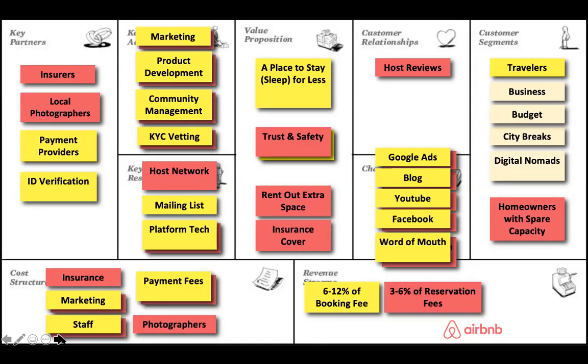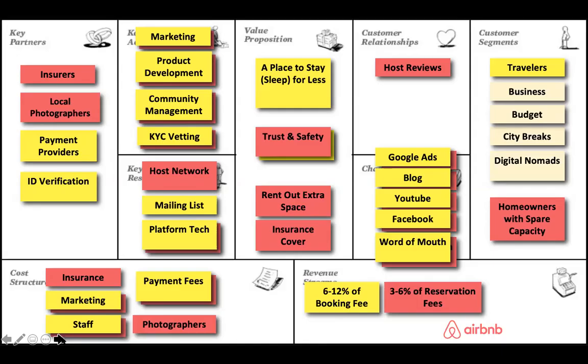So Airbnb solved that for the homeowners. So it said, in order to get them to do what we need them to do, which is provide capacity, provide sleeping places, we will actually take on the risk on their behalf. So we will have an insurance cover and we will deal with the payment, and we will create a system that allows for voting and reviews of both homeowners and travelers in order to be able to vet people to a certain extent.